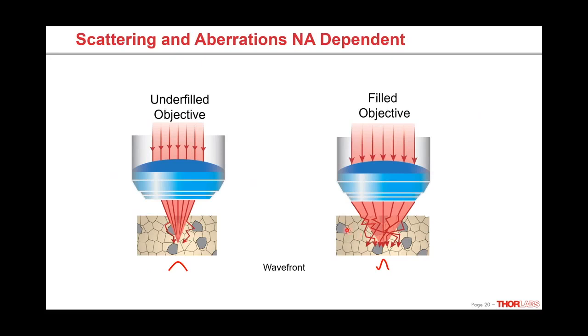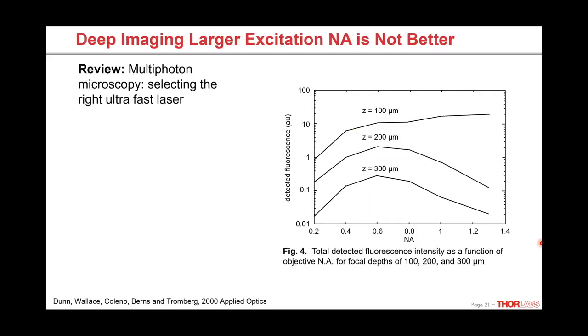In tissue that has a lot of variance in its index of refraction, these high numerical aperture rays coming in from the angle might actually cause destructive interference at the point of focus and mess up the wavefront, increasing the focal spot size. Whereas with an underfilled objective that does not have these high NA rays, you get a better shaped wavefront, and so you get a tighter focal spot size.